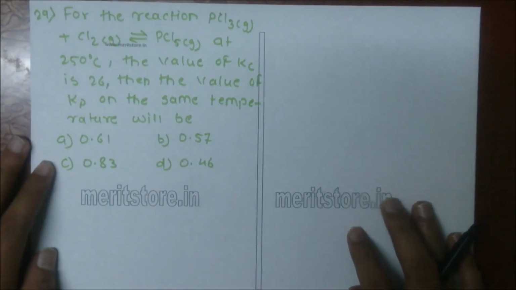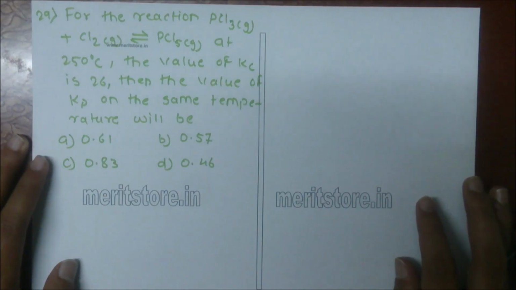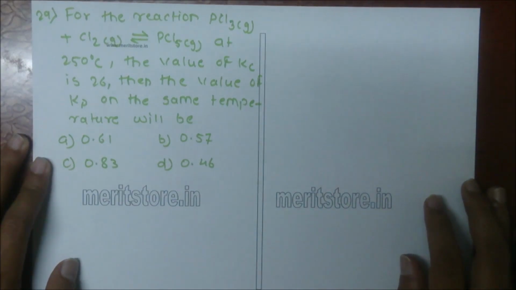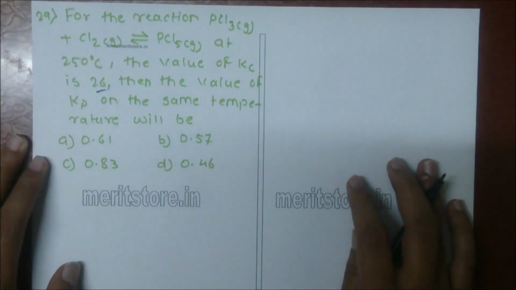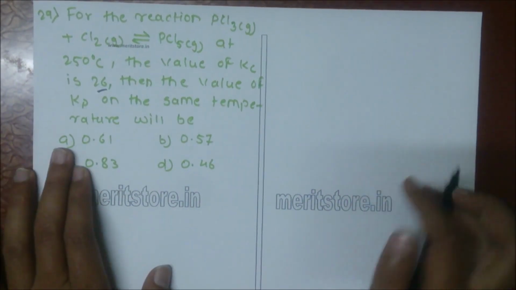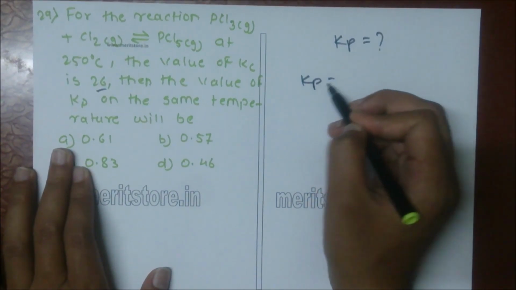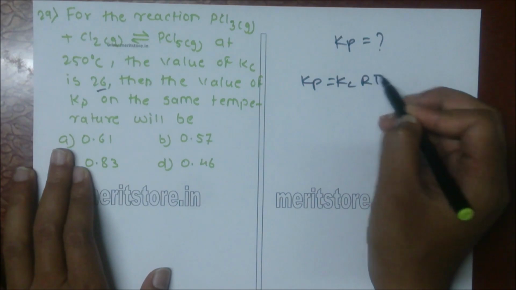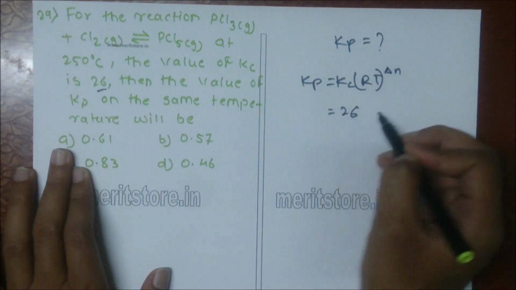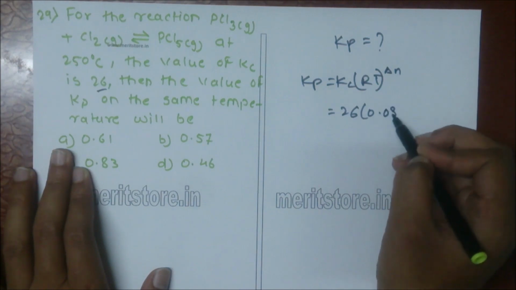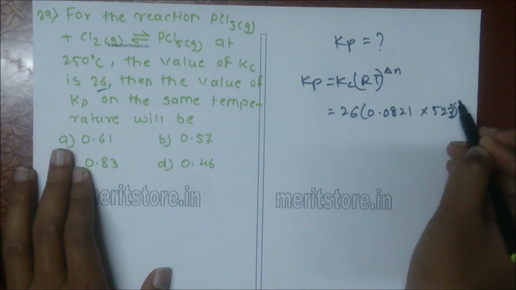For the reaction PCl3 plus Cl2 gives PCl5 at 250 degrees, the value of Kc is 26 and the value of Kp for the same temperature will be. So we have to find the value of Kp. We know Kp is equal to Kc RT raised to delta N. So 26 into 0.081 into 523 raised to minus 1.